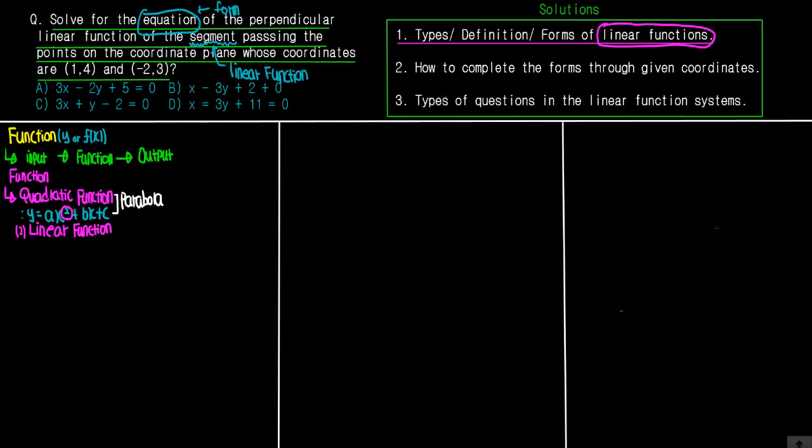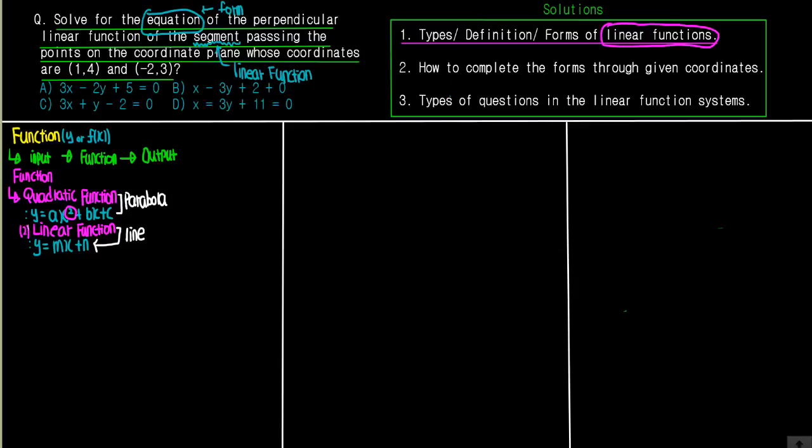The basic format of our linear function is y is equal to mx plus n. And if we convert our linear function into a specific graph on our coordinate plane, unlike the quadratic function, it will be a straight line or segment that satisfies its own equation, y is equal to mx plus n.